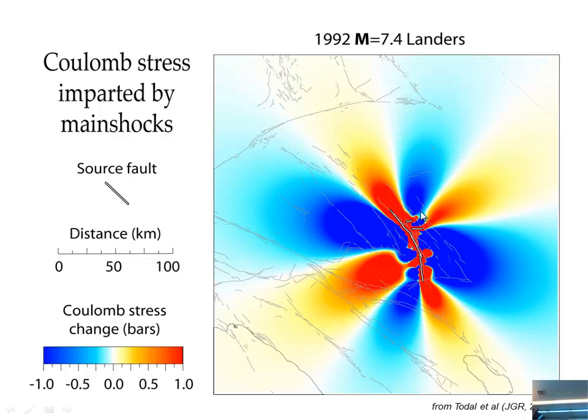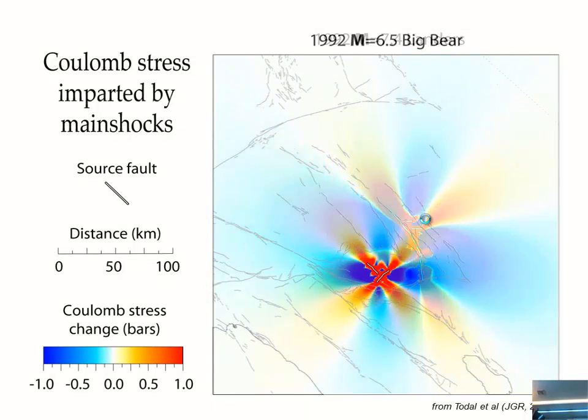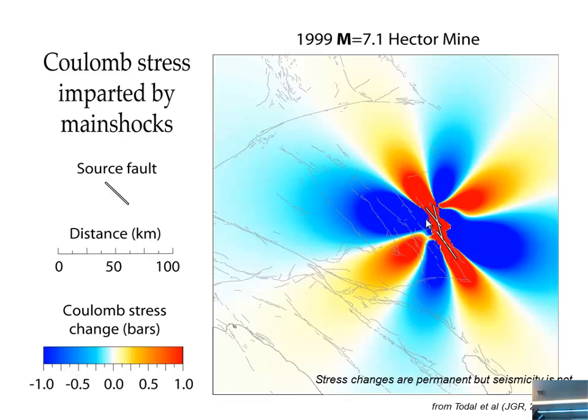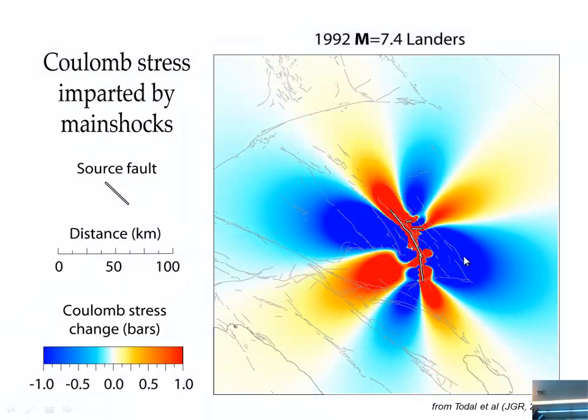So you see also this big red lobe here from Landers. There's some faults out here to the east. In 1999, they failed. Now, but parts were also in blue, so it doesn't perfectly work, right?